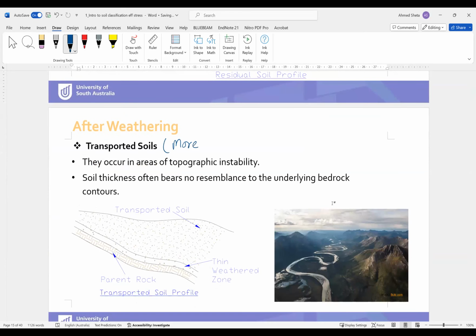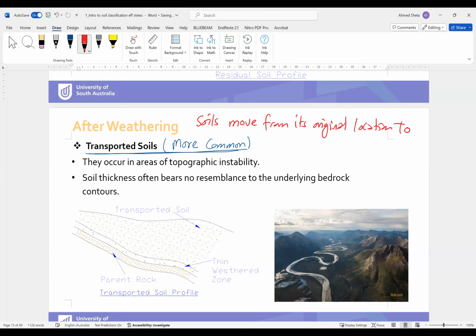The other soil type we have is the transported soil, which is more common. The transported soil, again, is soil that moved from its original location to a different or new location.